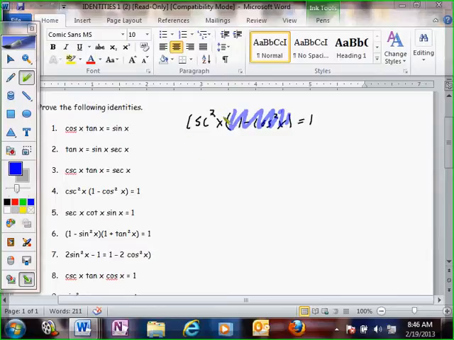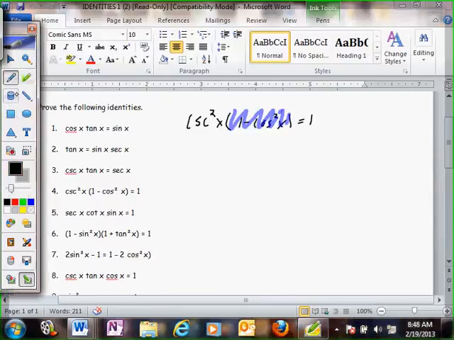And then if I look over here at cosecant squared x, if I look at my Pythagorean identities, I see that that's 1 plus cotangent squared x. But that doesn't help me any, because 1 plus cotangent squared x doesn't make things easier. So there's something that we need to add to your identities note card.